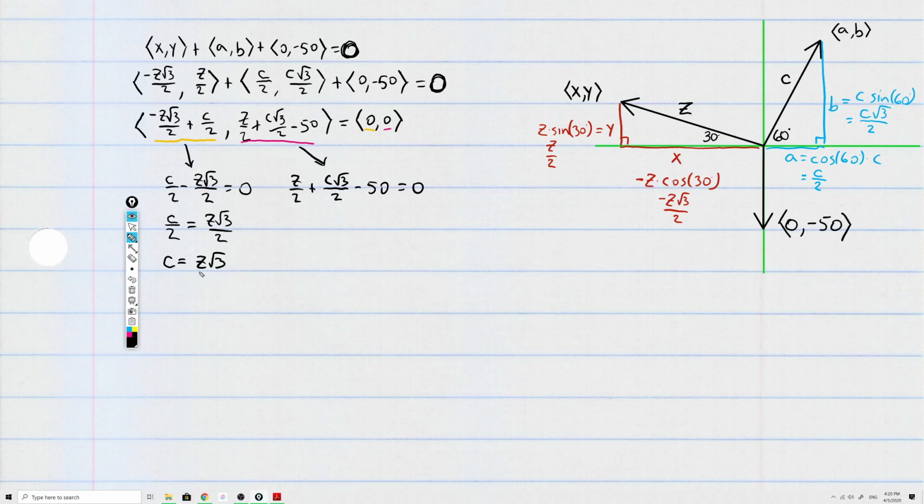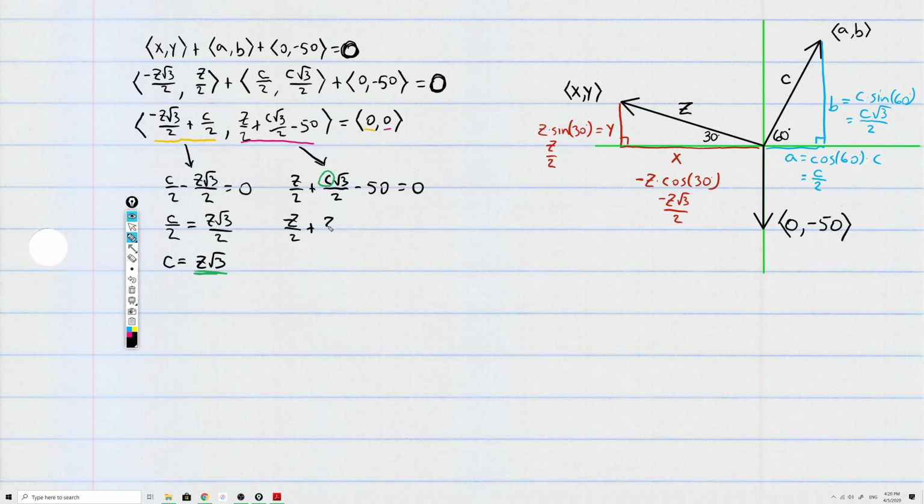So we're going to take c and replace it with z root 3. We're going to go over to this second equation and replace the c with the z root 3.